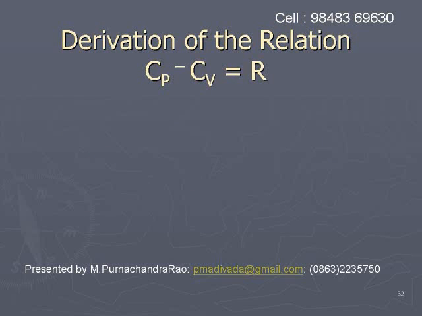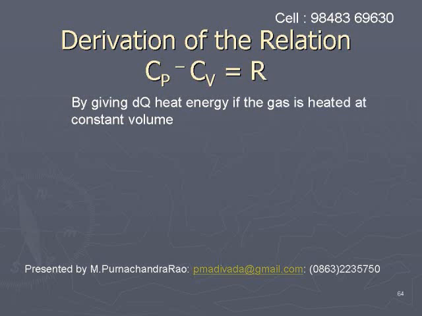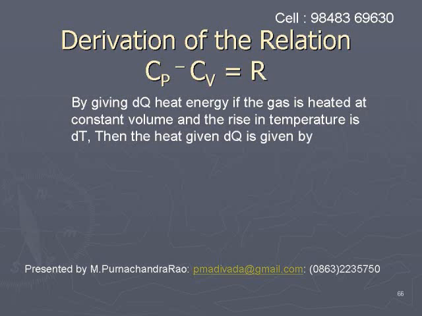Derivation of the relation Cp minus Cv is equal to R. By giving dq heat energy, if the gas is heated at constant volume, and the rise in temperature is dT, then the heat given dq is given by dq is equal to 1 into Cv into dT. 1 is the number of moles, since we have considered only 1 mole of a gas.